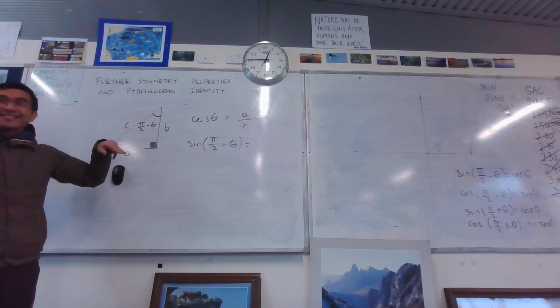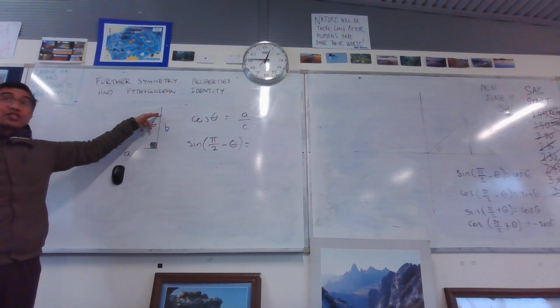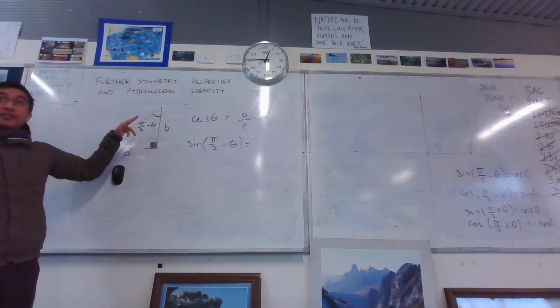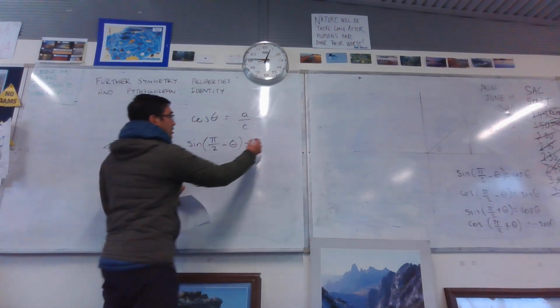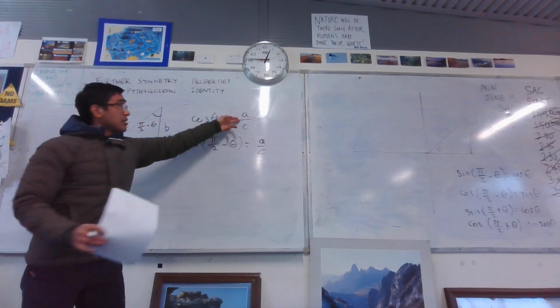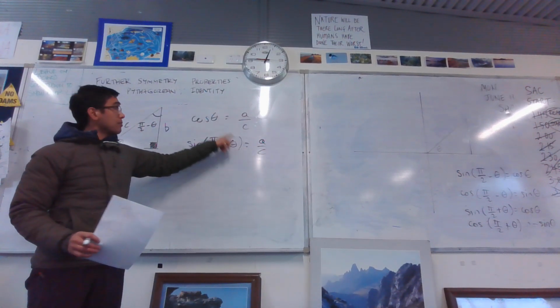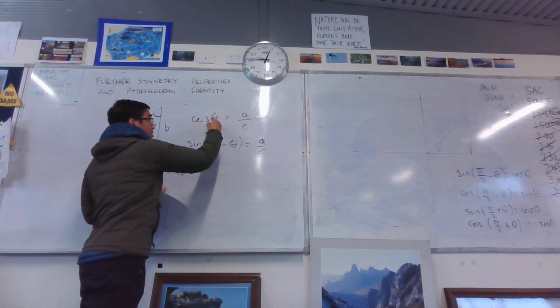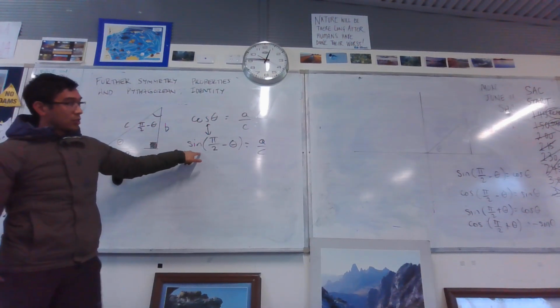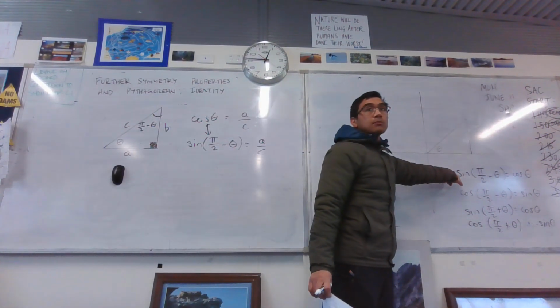Not quite. It's the opposite of the adjacent from here. Oh. A over C. You can see how these two are the same. That means we got this equation here, which is this one. They're just backwards in a way.